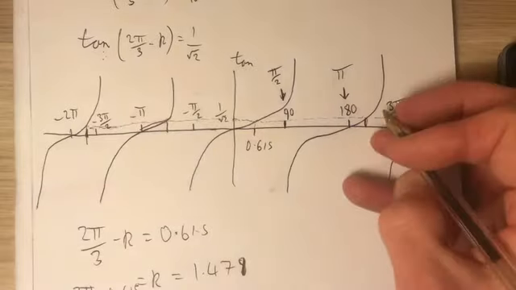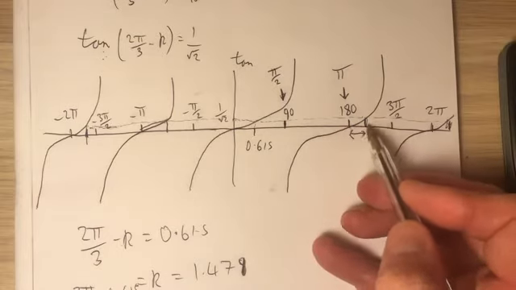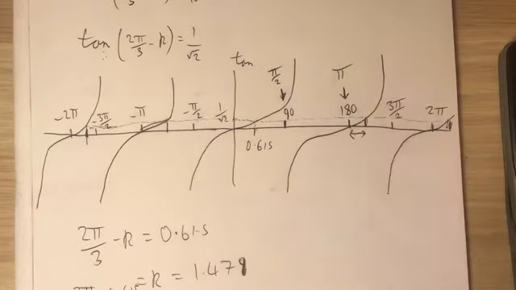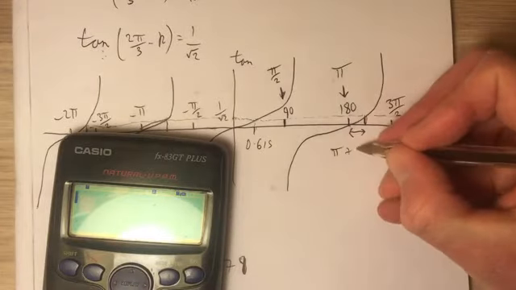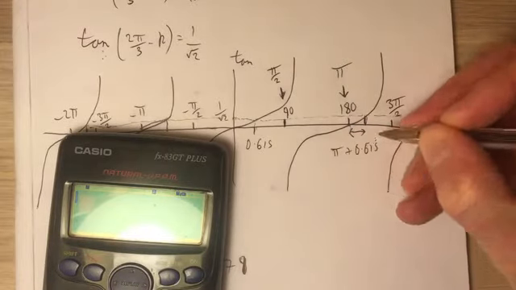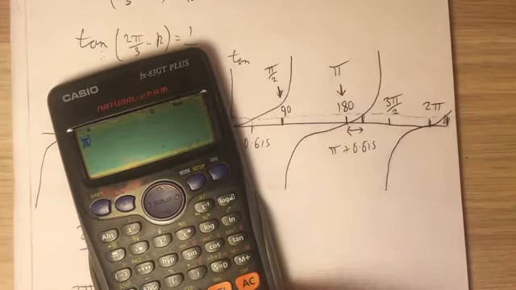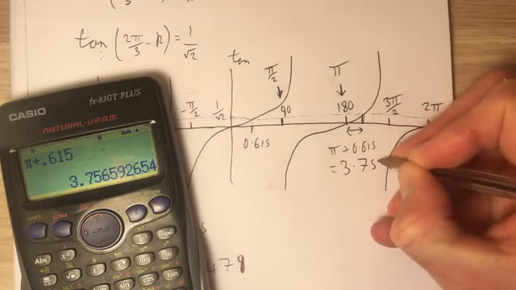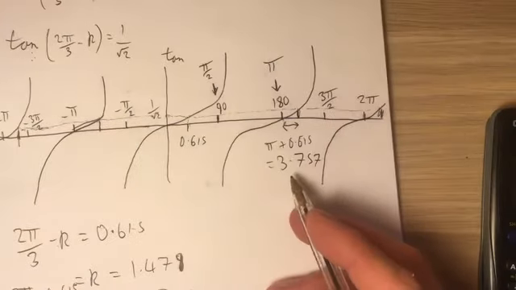So where are they? This one is 0.615 across from the middle here, just like that was 0.615 across there. This was at pi already. So my answer here is going to be pi plus 0.615. So let's put that into my calculator. Pi plus 0.615 is 3.756, etc. That is not k.